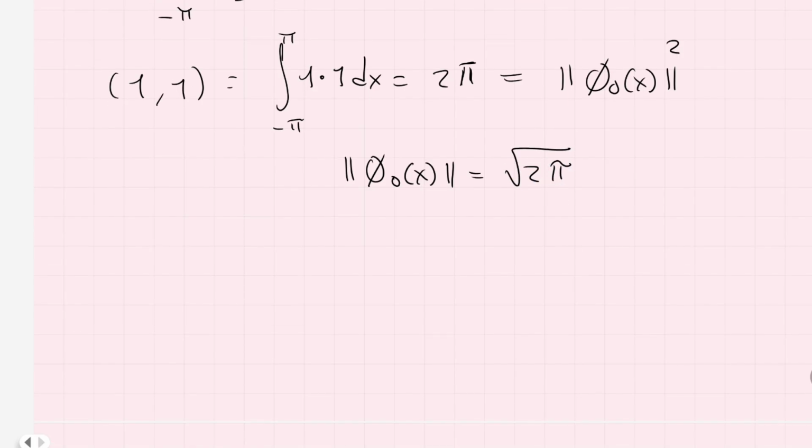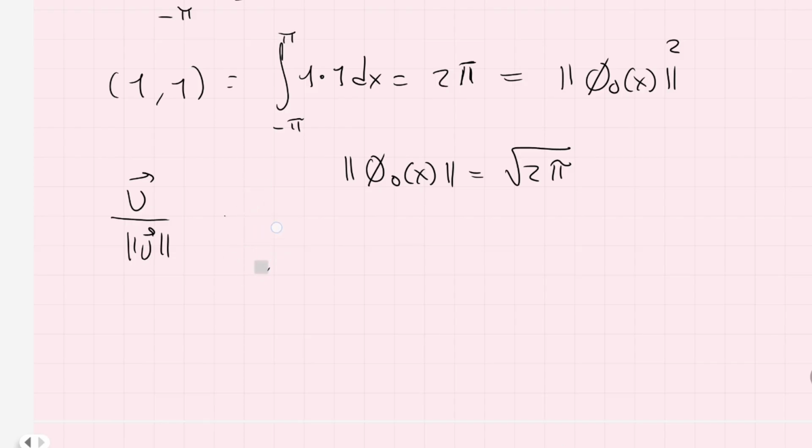Perfect. So if we remember in the vector context, we would divide the vector u by the magnitude of the vector. But in this case, what we are going to do is to take the function phi 0 of x, which is 1, and divide it by the square root of 2 pi. This is in order to create the new orthonormal set.